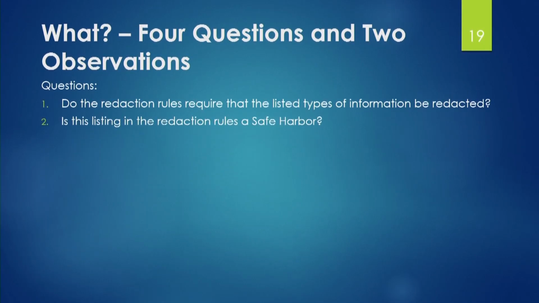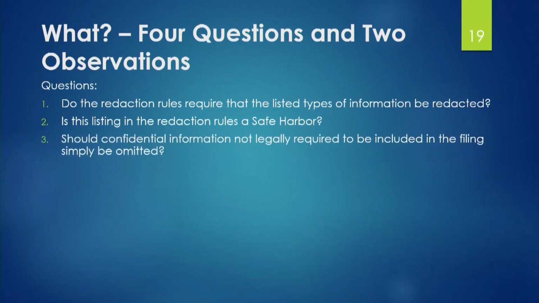Is the listing in the redaction rules a safe harbor? It's hard to say, because the Supreme Court is very interested in protecting confidential information, and the list is explicitly described as including but not limited to these number of things. And so you'll have to use your own expertise and do a case-by-case analysis of whether there's something that is or isn't required to be redacted.